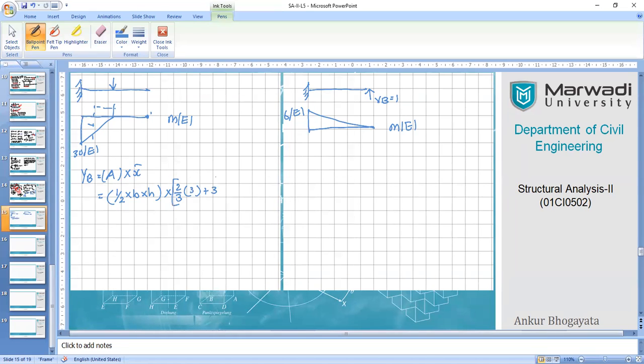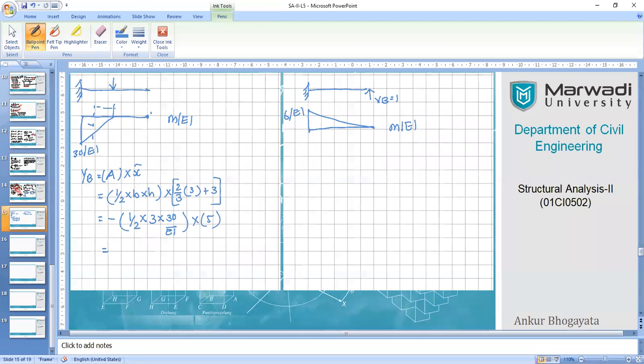That is the moment. The entire quantity will be negative because it is a negative diagram itself, so I will add a negative sign here also. Now I'll be incorporating these values. B here is 3, so 3 into H is 30 upon EI, the 3 gets cancelled, so this is 5.